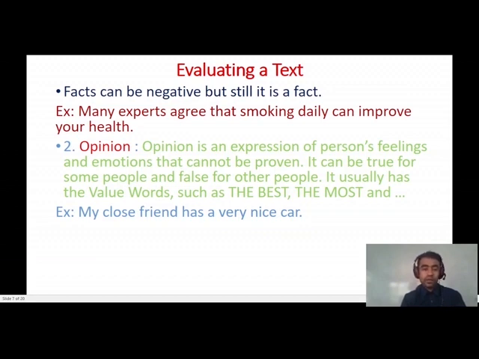Some people will see it as nice while others will see it as not nice and ugly. So usually we use words like the best, the most, and other value words, the words which really carry some value and worth.